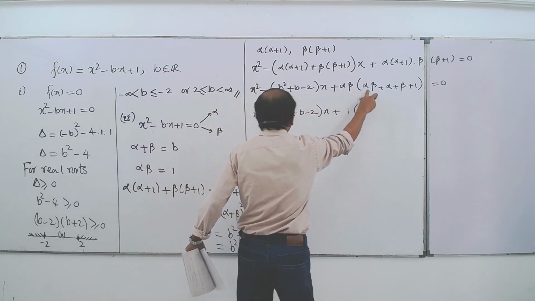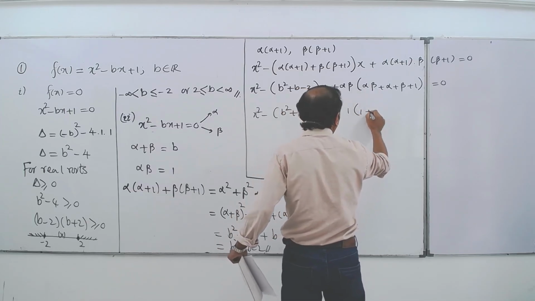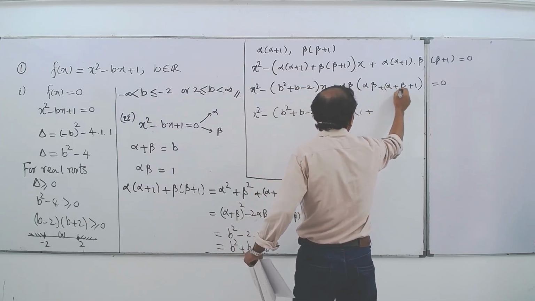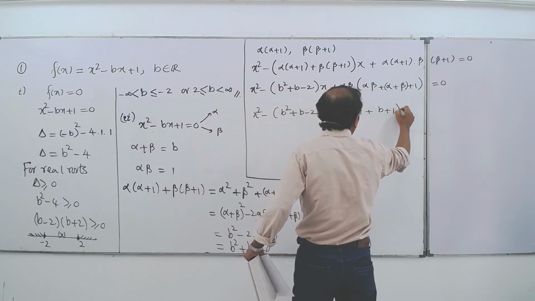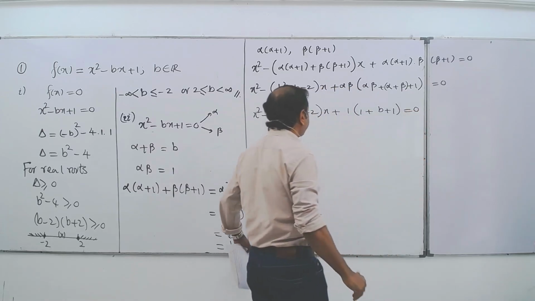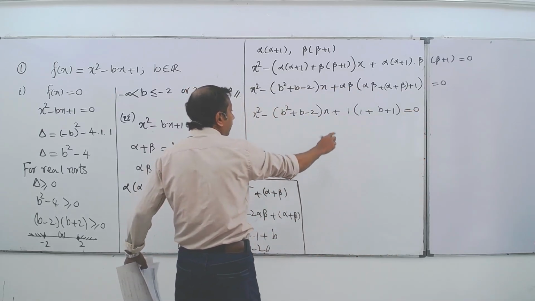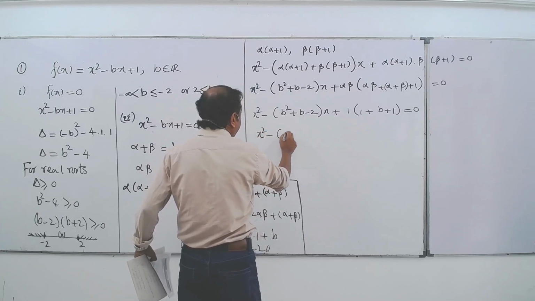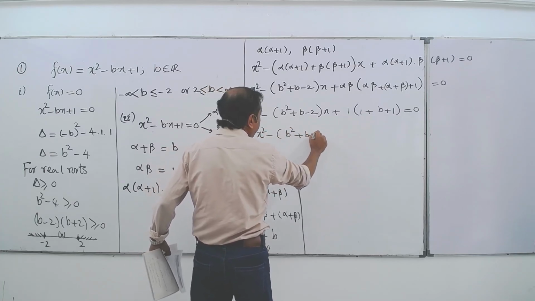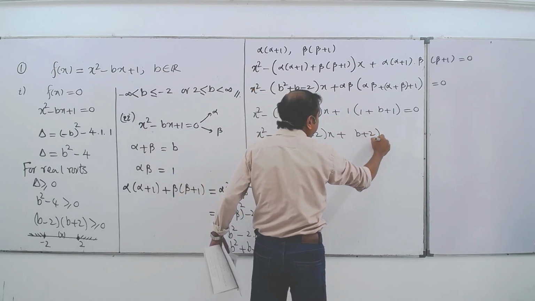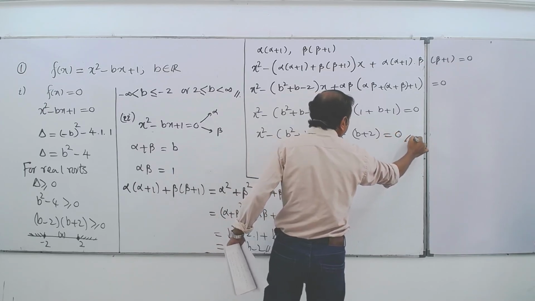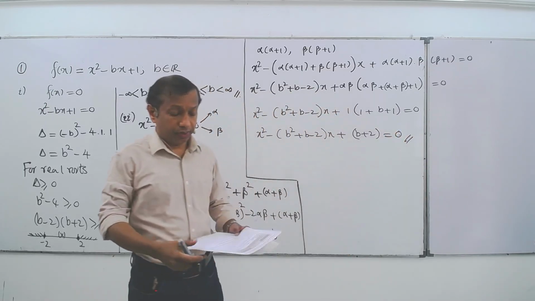Product alpha beta is 1, plus alpha plus beta, which is b, plus 1, is equal to 0. Then here we get x squared minus (b squared plus b minus 2) times x plus (b plus 2) equals 0, which is the required quadratic equation.